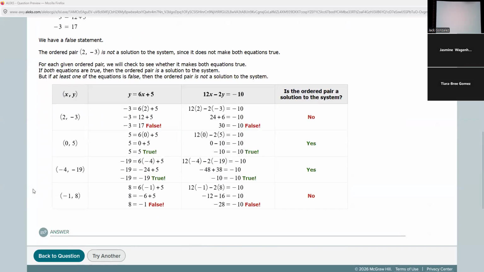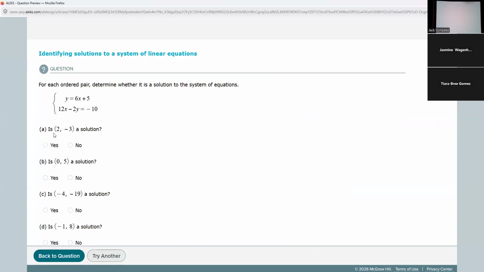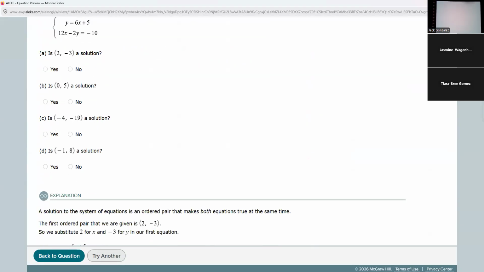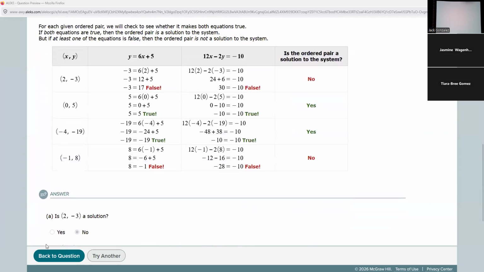So here's all the work that you would show, but if you graph them, you can tell right away. Let's look at part A, 2 and -3. It's right there. Then plug in 2, -3 into the top equation, then the second equation.